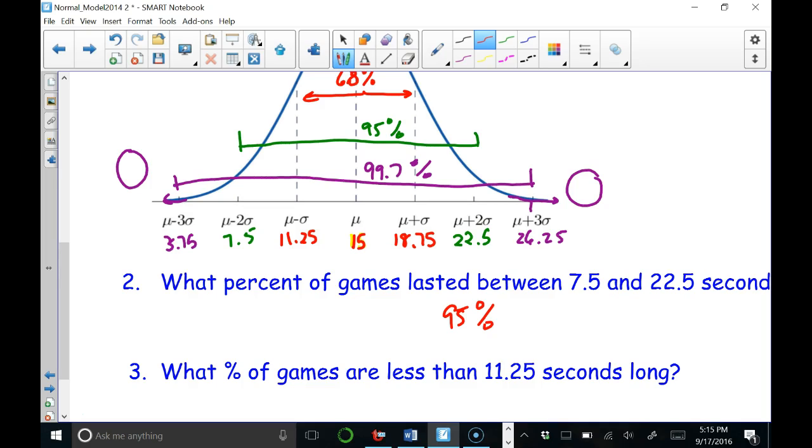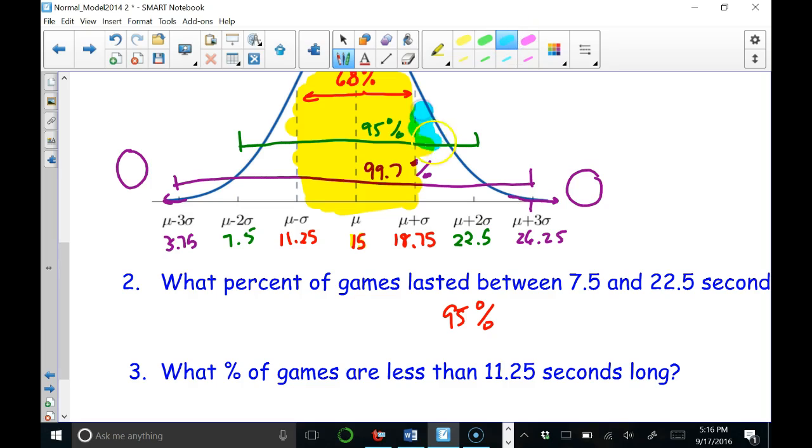Now the next one is, what % are less than 11.25? What I like to do when I do this one, and I'm just going to use a highlighter here, is think of it this way for a second. 11.25, if you go in both directions, hits 68% of the scores.